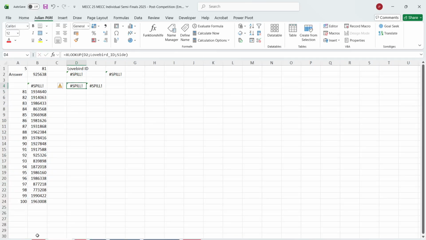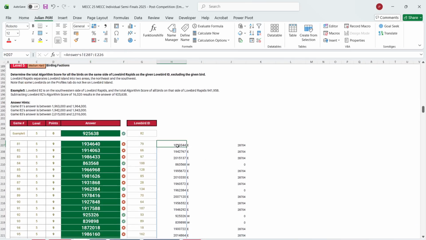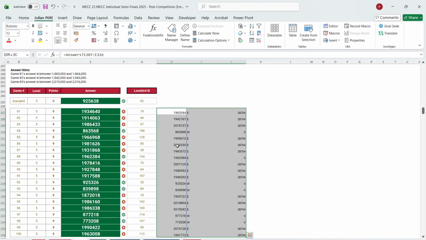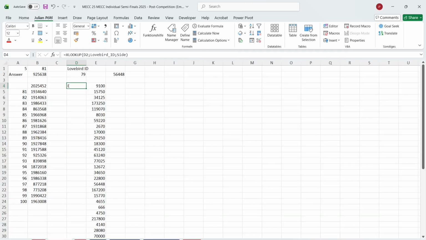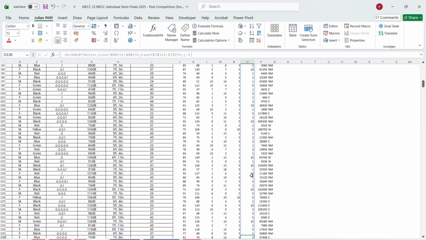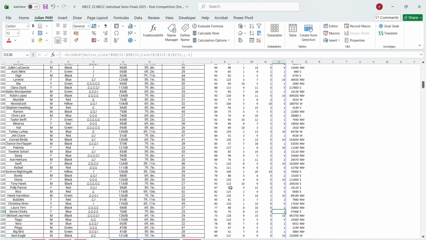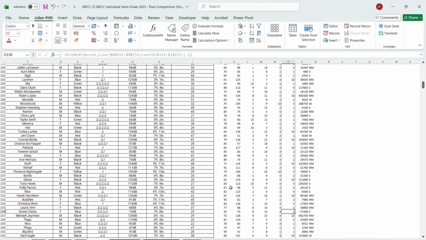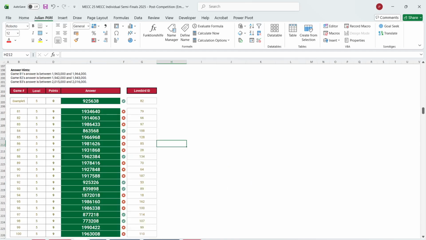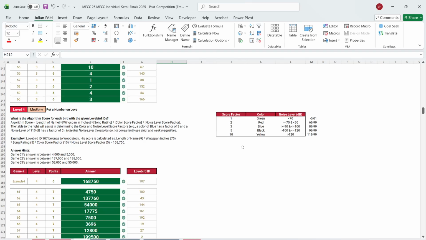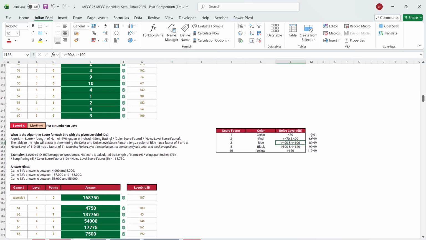Okay, get the spill. Error. Now I get 2. Okay, noise level is 70. 70 is 2. Oh, yeah.